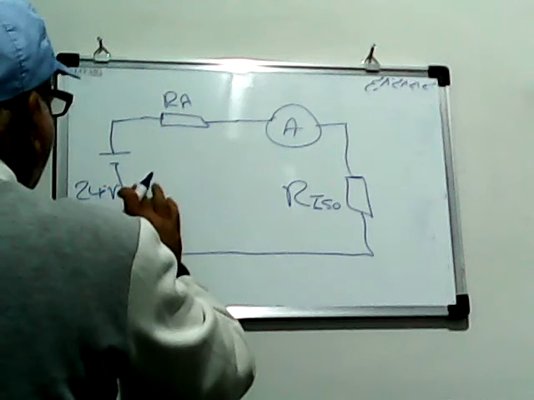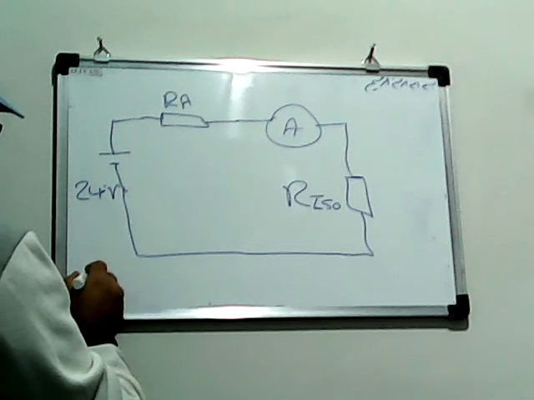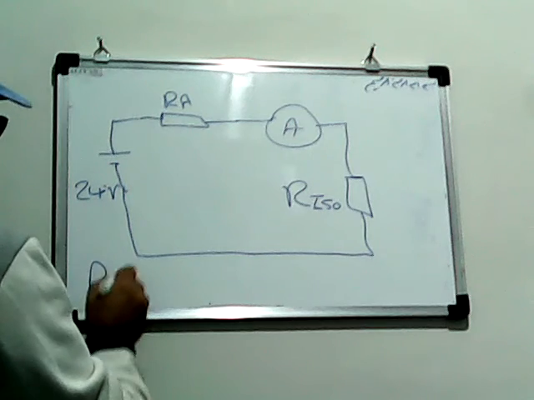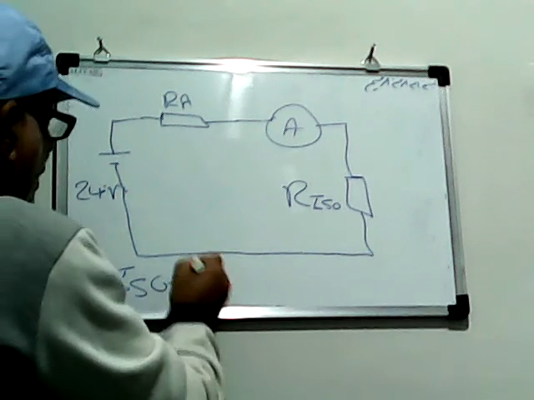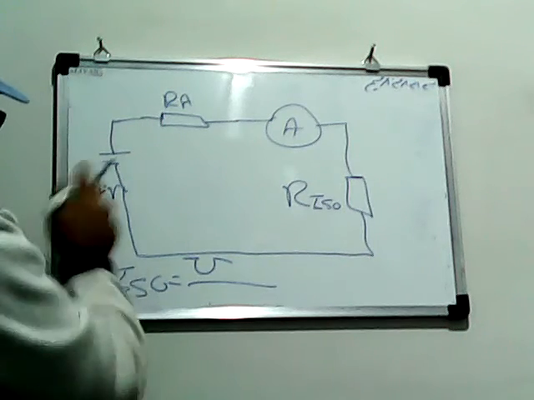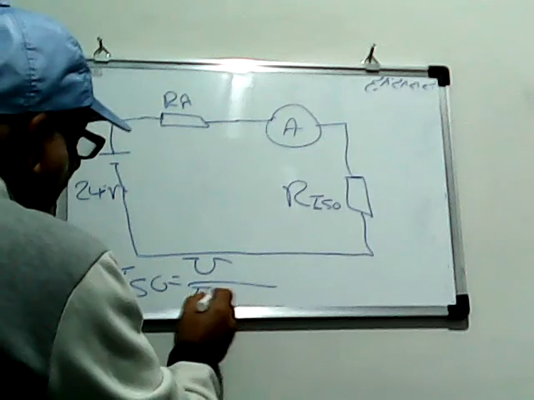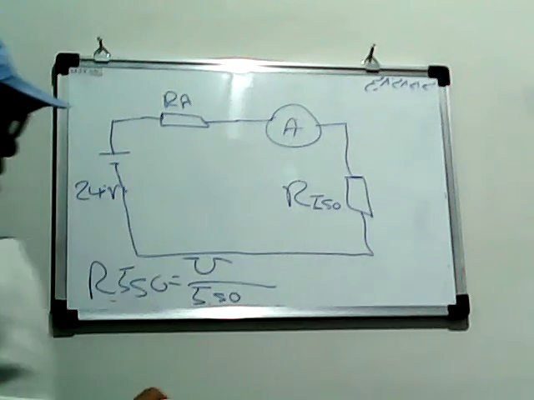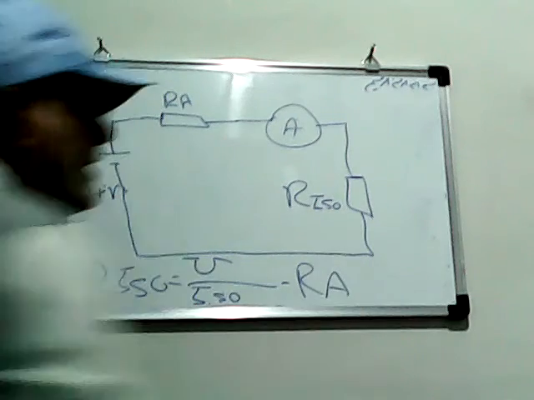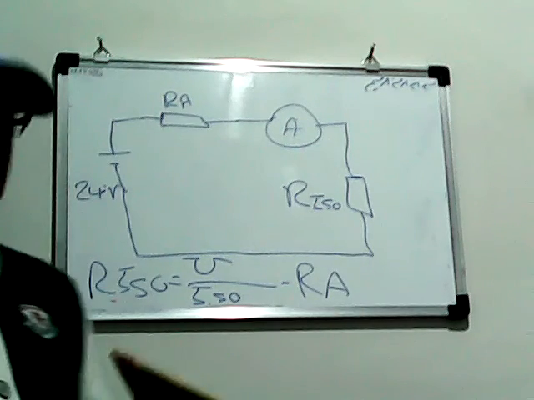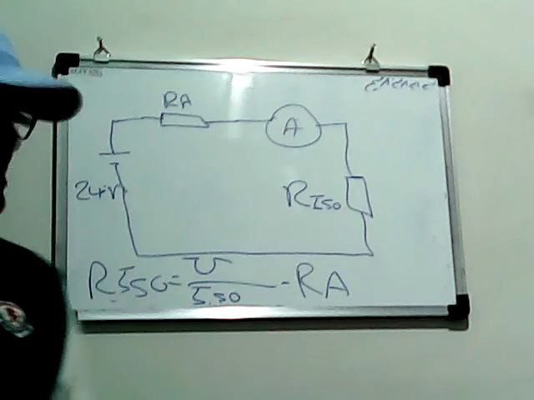Then I found the equation: RISO equals U system, this U of 24, divided by I ISO here, minus RA. With this simple circuit, you make a Megger, which is a very expensive device.